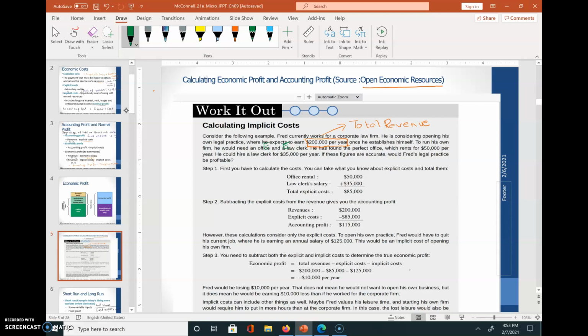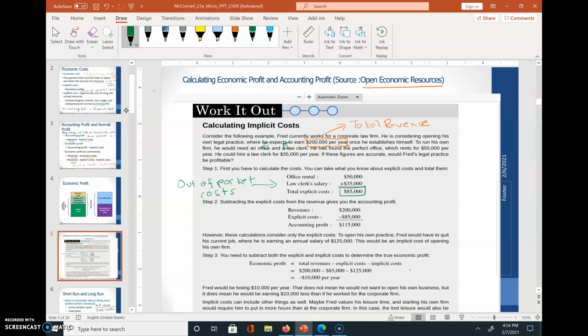So we are adding up the office rental and law clerk's salary. These are out of pocket costs. These are the monetary outlays which are defined as the total explicit costs. So my total explicit costs from plugging in the numbers is $85,000.